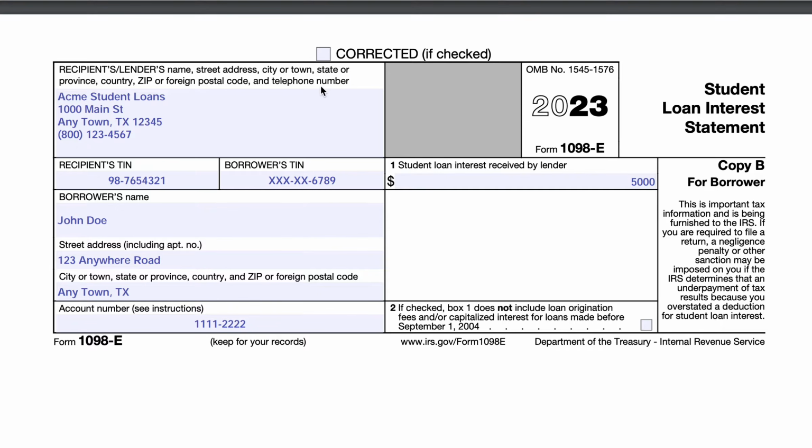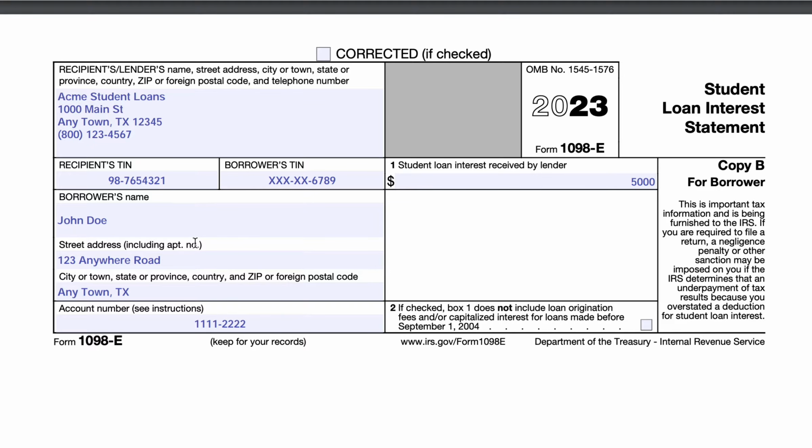So that could be a social security number. It could be an individual taxpayer ID number for people that may not qualify for a social security number due to their residency status. It could be an adoption taxpayer ID number, or it could be an employer identification number. So below that, you'll have the borrower's name and street address.